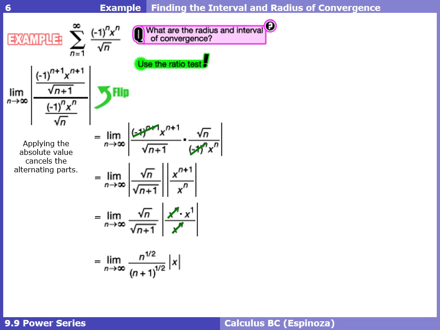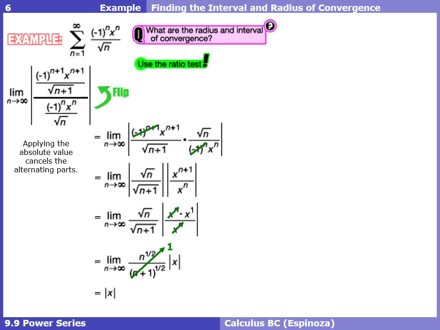We, of course, want to view these things as powers, so it's a good idea to change those over to a 1/2 power. As it turns out, if you take this limit to infinity, the biggest power of n you see in the top is a 1/2 power, the biggest power of n you see in the bottom is a 1/2 power, and of course that would simplify to be a 1, and when we take that limit, we're just left with the absolute value of x.